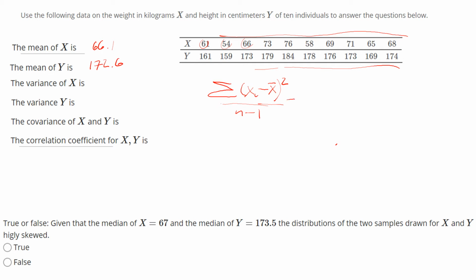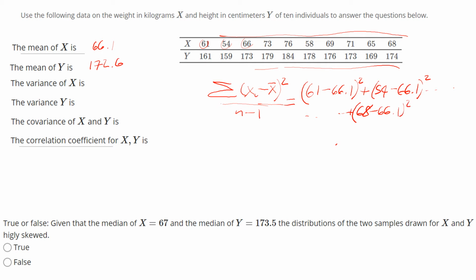In the case of X, we'll say 61 minus 66.1 squared plus 54 minus 66.1 squared, and so on and so on, until we get to our final value, which is plus 68 minus 66.1 squared.